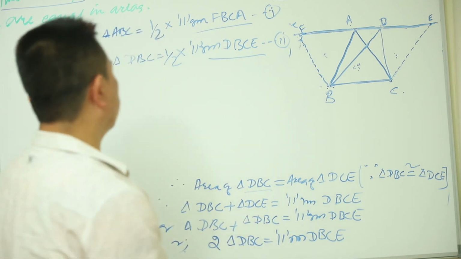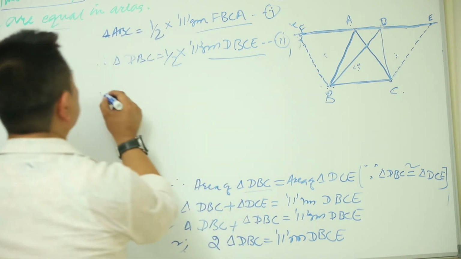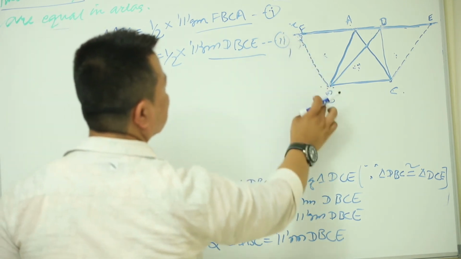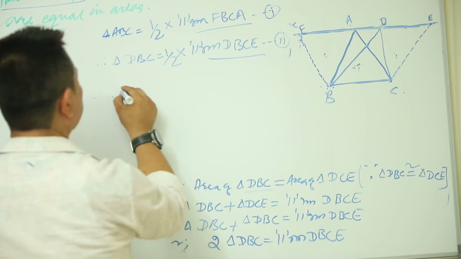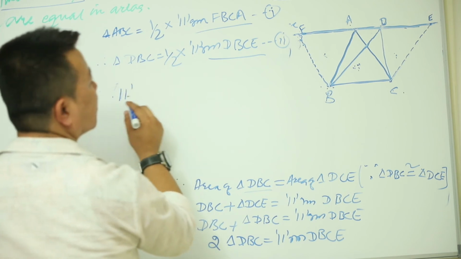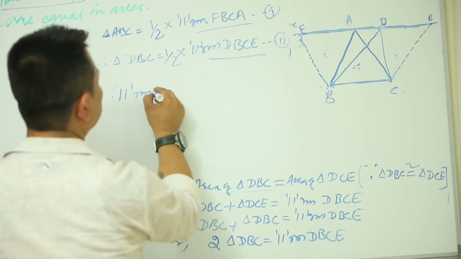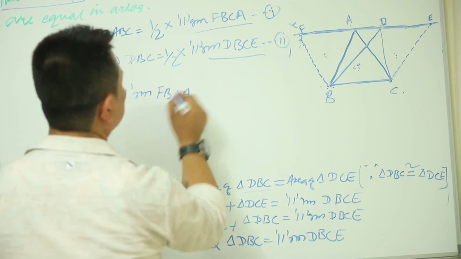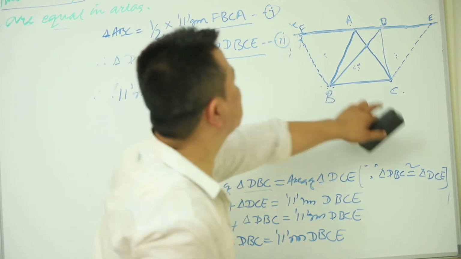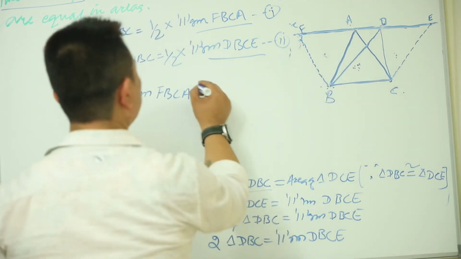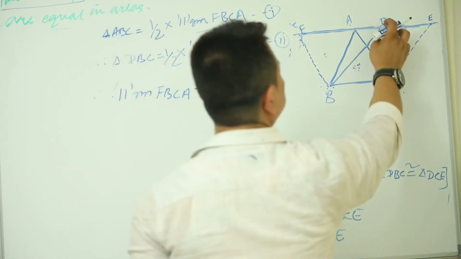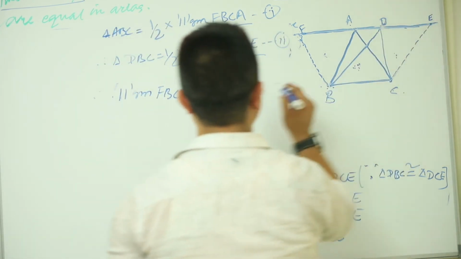So you can write, therefore, parallelogram FBCA is equal to parallelogram DBCE.